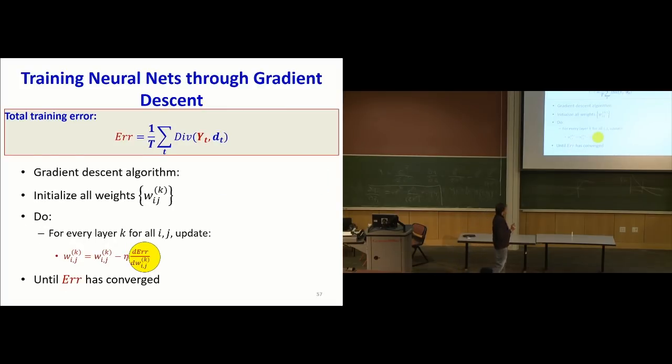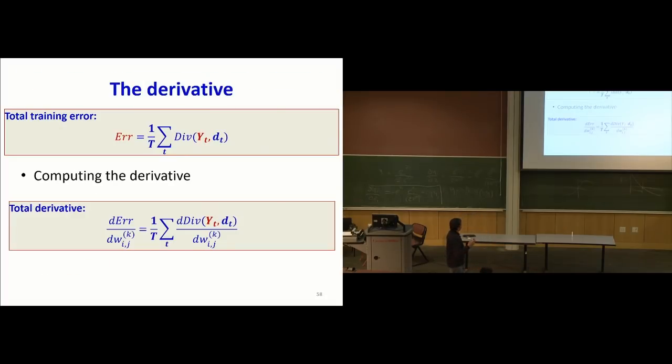So the key point that we really are interested in is this guy, the derivative of the error with respect to wij_k. And here's the total training error. It's the average training error, average divergence over all the training instances. So when I compute the derivative of the error with respect to any parameter, because of the linearity of summation, it is the average derivative of the error for the individual instances with respect to that parameter.